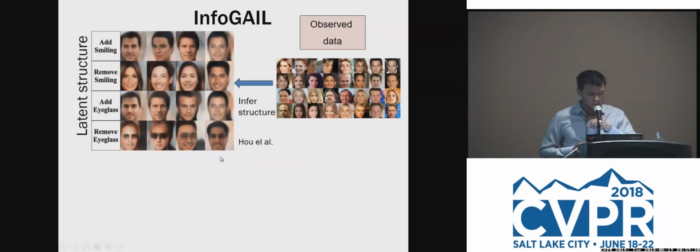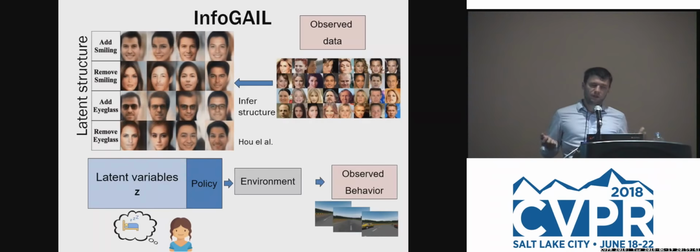Now, the nice thing we can do once we've formulated imitation learning as a generative modeling problem is that we can apply the same idea, not to images, but to behavioral data. What we've done using GAIL is build a generative model over behaviors, and this generative model has latent variables.